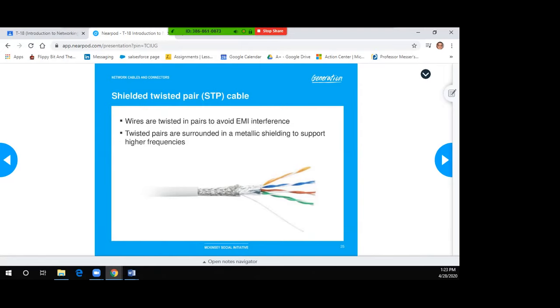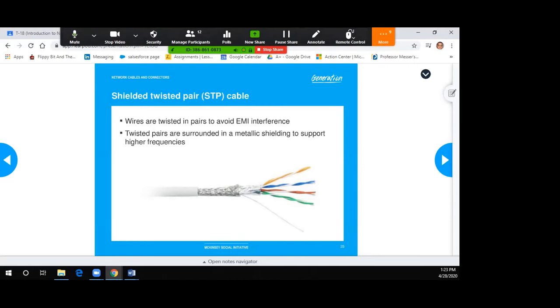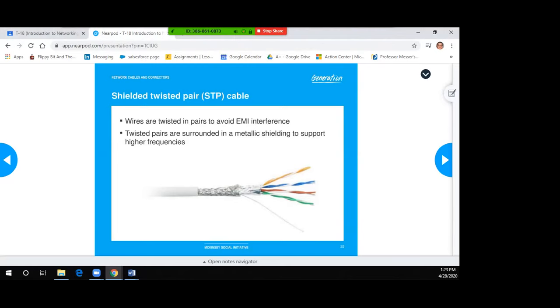The next type of cable is the STP, the shielded twisted pair. This one here, you guys are most likely very familiar with. It is usually used in Ethernet and token ring networks. It's called the twisted pair because that's what it is. It actually does that on purpose.